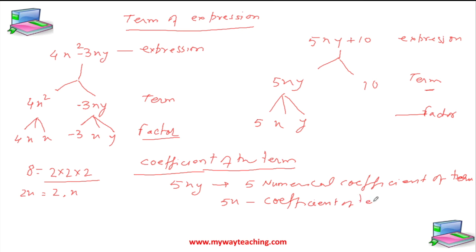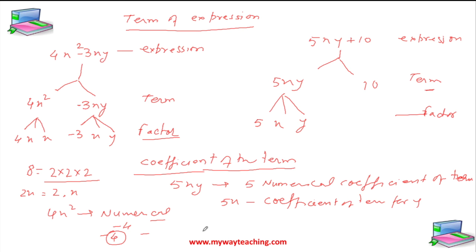Now if we talk about 4x square, what is the numerical coefficient? The numerical coefficient is 4. And if we ask what is the coefficient for x, it is also 4, because it's x and then it's only 4, so numerical coefficient and coefficient of x are the same.